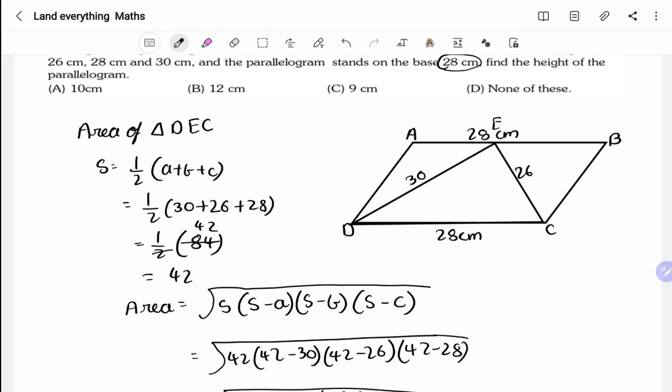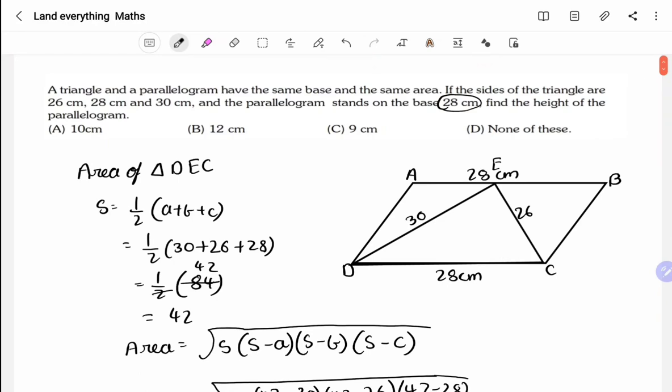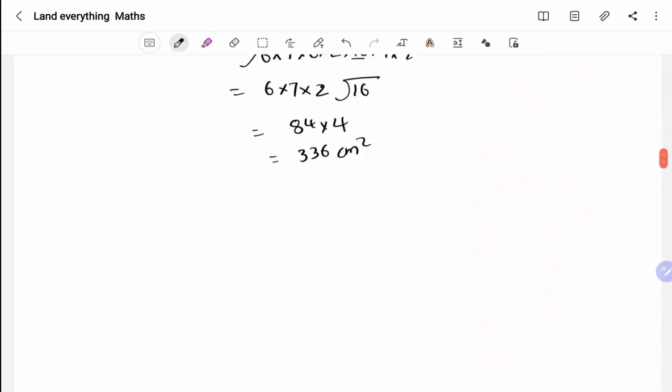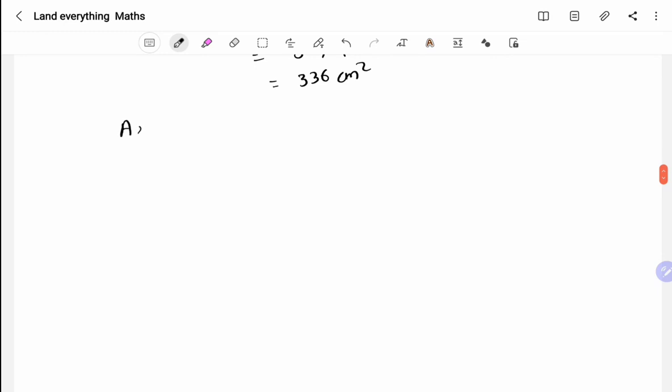Now area of the triangle is equal to area of the parallelogram, as they have mentioned here: a triangle and parallelogram have the same base and the same area. So area of triangle equals the area of parallelogram.